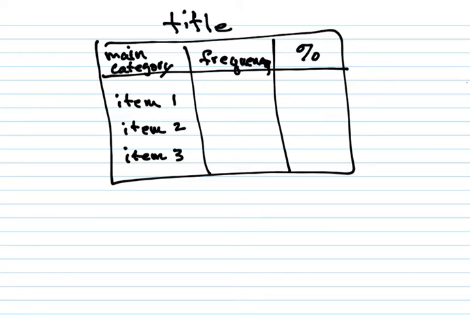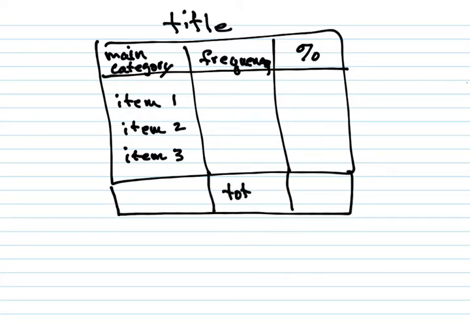And at the bottom, these 2 columns are going to have totals. And those are also important. The frequency total is critical to being able to find the percentages.